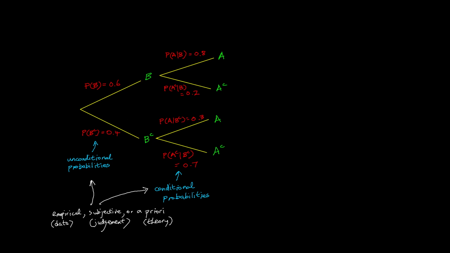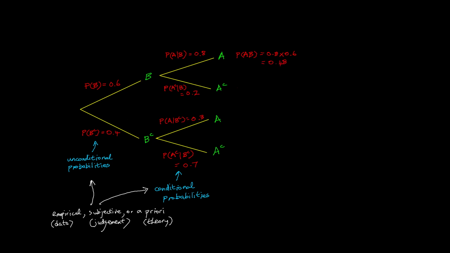Now we are in a position to be able to calculate the probabilities of each of those 4 terminal nodes, and those are done by using the tree as your route map. So, for example, the first terminal node probability, which is the probability of A and B occurring, is calculated as 0.8 times 0.6, which equals 0.48.